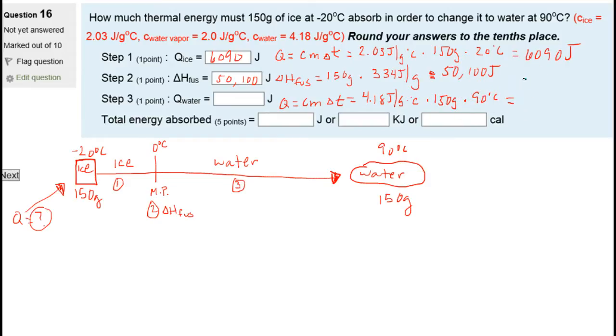Put this in our calculator, and we get 56,430 joules. Once again, this will be positive since the water is absorbing thermal energy.